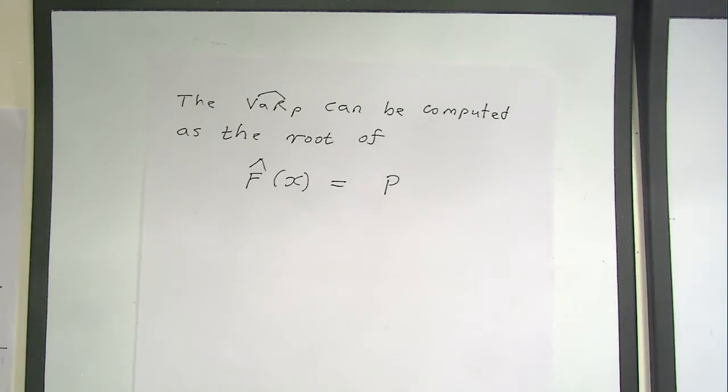If you're familiar with R, there are functions in R that can compute the root of an equation, for example uniroot. If you program this in R, you'll be able to find the root, and that root will be the estimate for VaR.